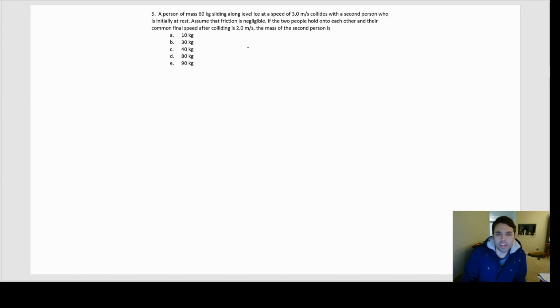Nothing too fancy here. Look at a mass of 60 kilograms times velocity of 3, plus the second person who is initially at rest, so they have no momentum before the collision. After the collision, they're now combining their mass, so 60 plus m, we don't know the mass of the second person, times 2, because their velocity after the collision was 2.